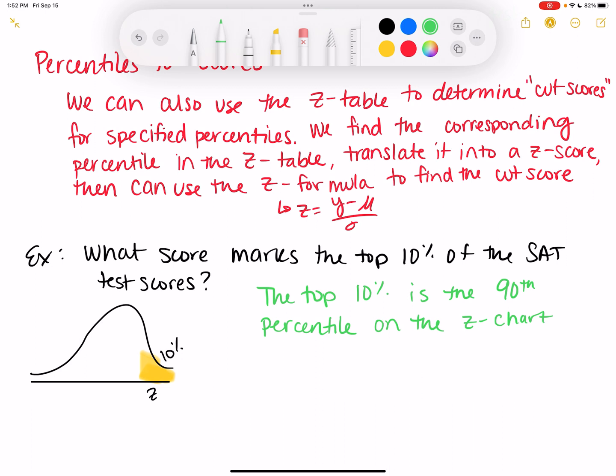So we can't use something like 0.89. It needs to be 0.90 something. If there's not one that's 0.9000, okay, for the percentile. So it's almost like a seek and find.